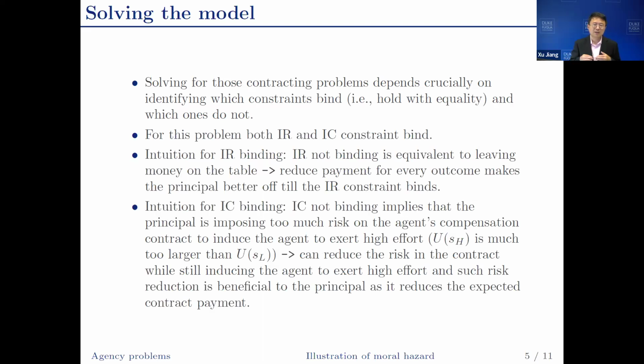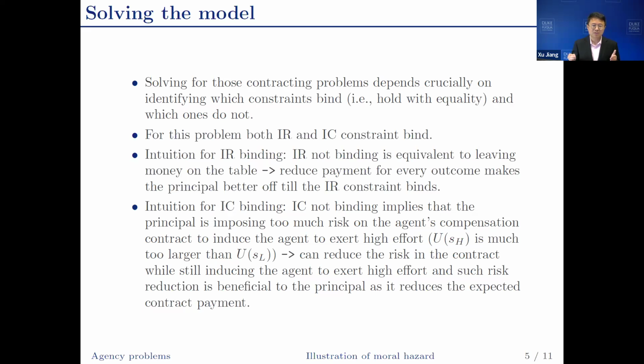What is the intuition for IC binding? IC not binding means that you're imposing too much risk on the agent's contract. U(SH) is much larger than U(SL). Of course, in this case, it is incentive compatible, because when the agent exerts high effort, the agent is more likely to get paid SH than SL. But you're imposing too much risk by not binding IC.